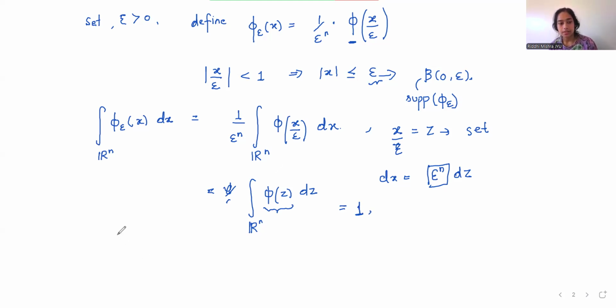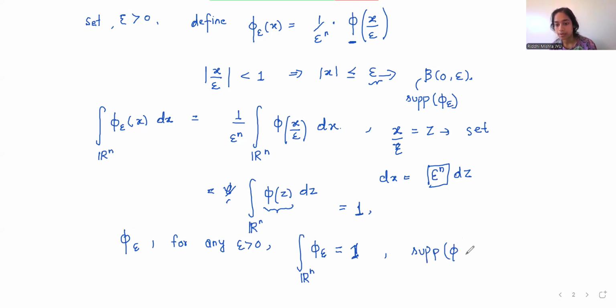So for any epsilon positive, the integral of phi epsilon over Rn is 1, and the support of phi epsilon is in a ball with radius epsilon.